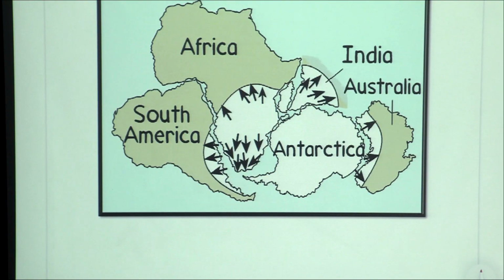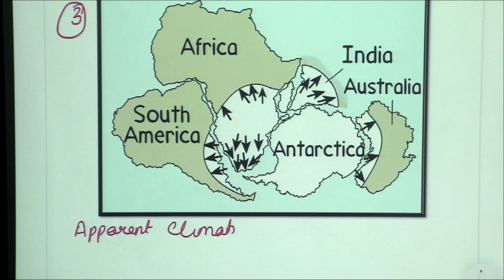Now we are talking about evidence number 3. And what is evidence number 3? It is called apparent climatic polar wandering.